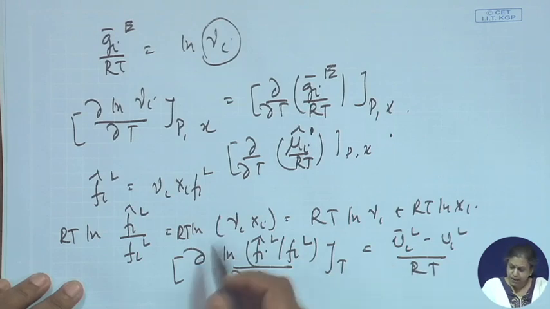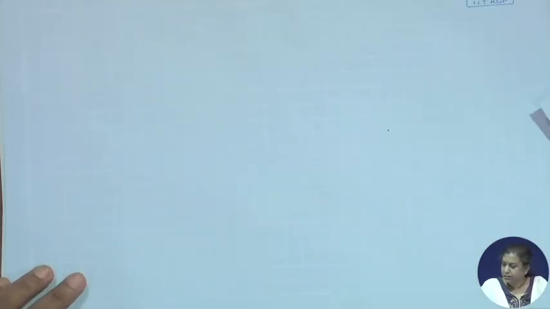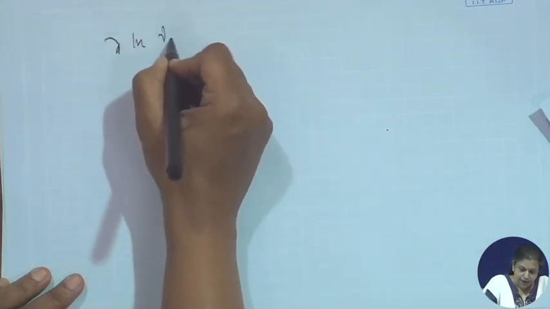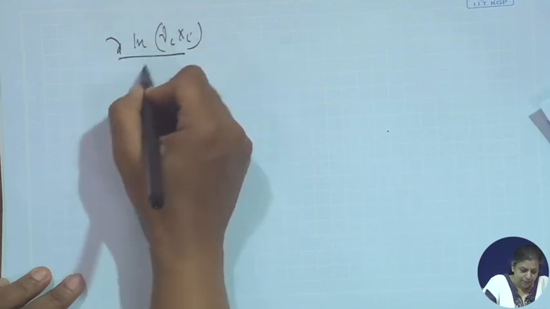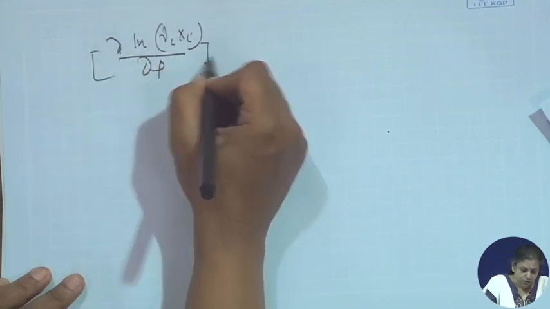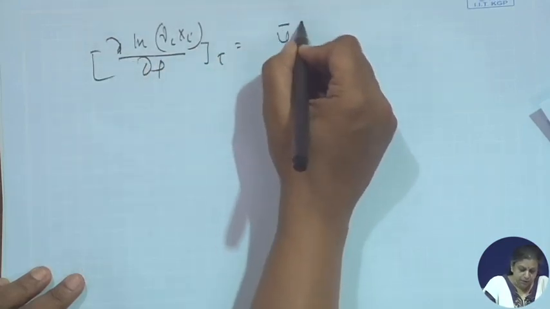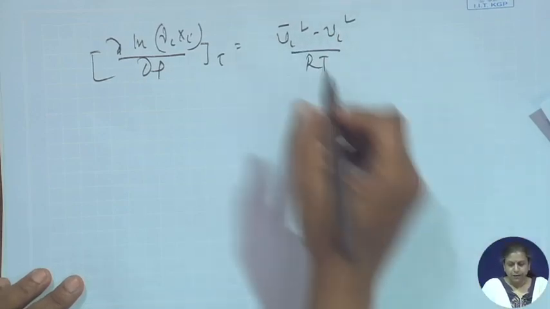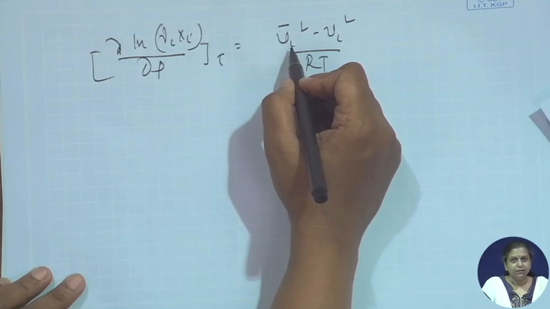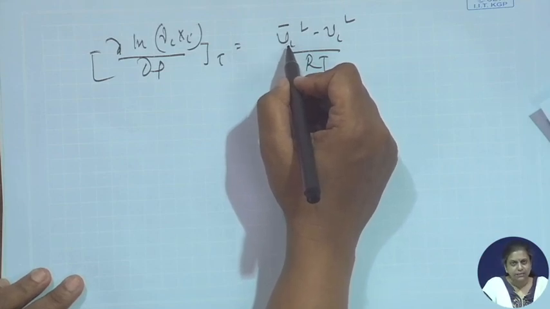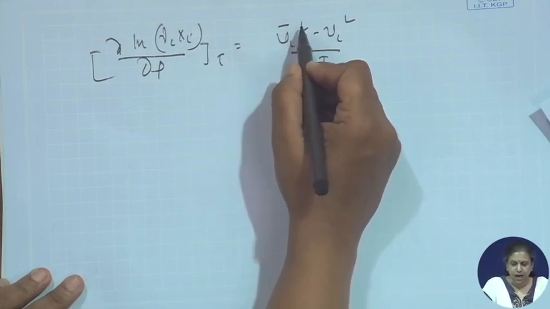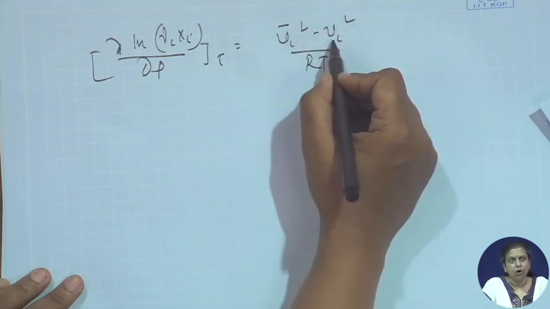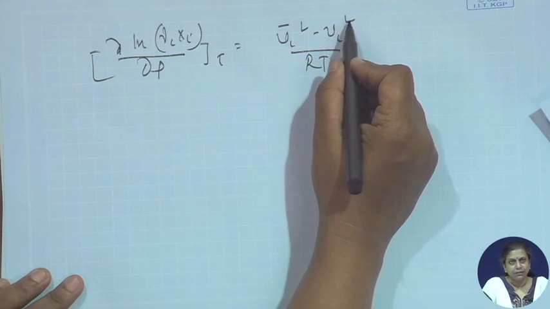In the same way, can we not write it down as ∂ ln γi xi ∂P? This should be equal to (Vi bar L minus ViL) by RT. What is Vi bar L? It is the partial molar volume of component i in the liquid solution. What is ViL? It is the molar volume of component i in the liquid state.